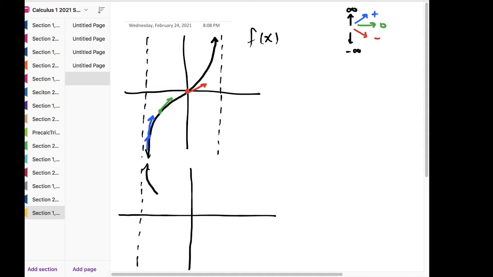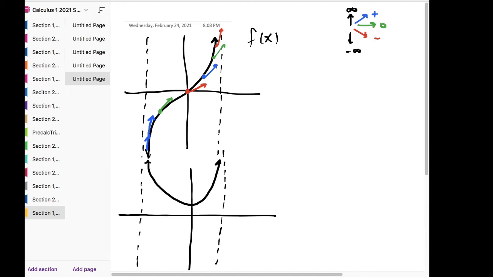No. Is it ever 0 in this graph? No. Okay, so as you continue on to the right, what's happening to the derivative? It's increasing again. And similarly, it's increasing towards infinity.